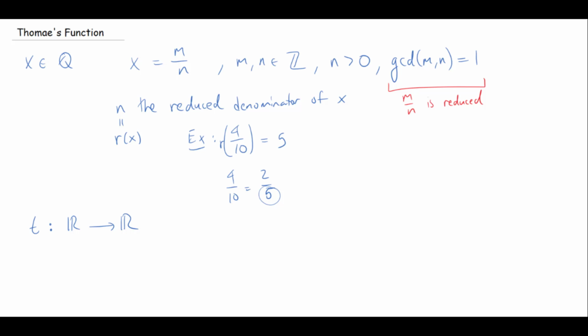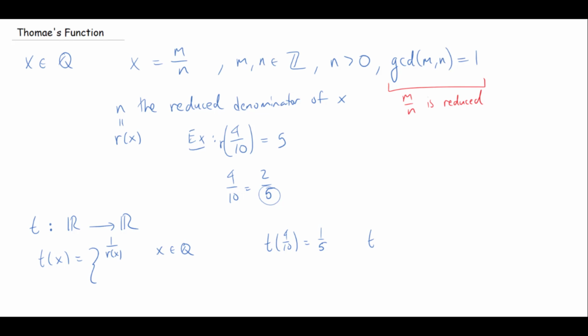What it's going to do is, if my input is rational, then I'm going to send x to 1 over its reduced denominator. So if I had T of 4 over 10, this would be 1 over 5. It doesn't matter what the numerator is. I just turn it into a 1.